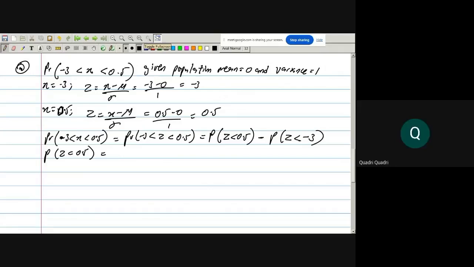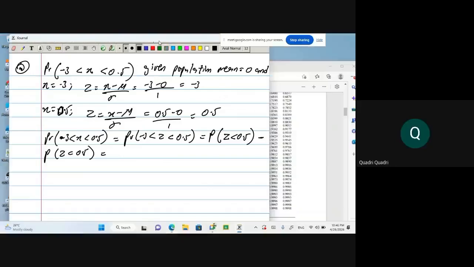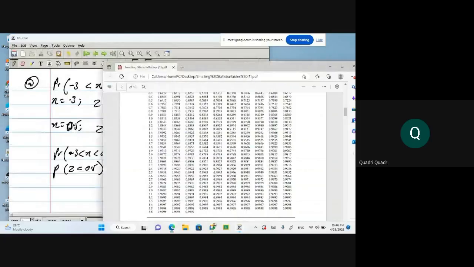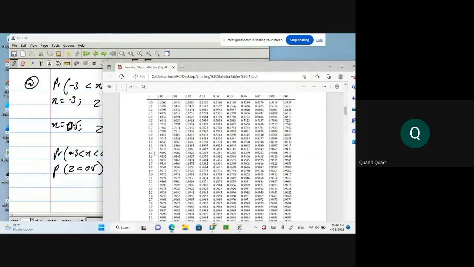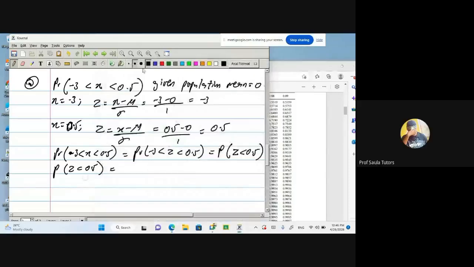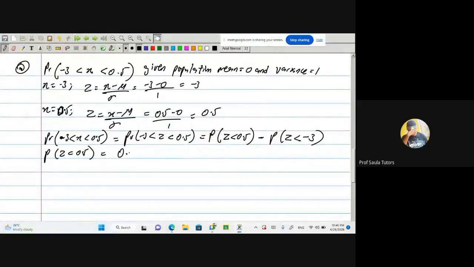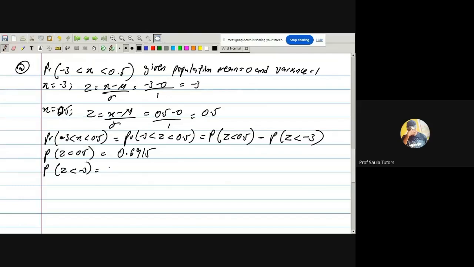The probability of z less than 0.5 is 0.6915. And don't forget that I want probability of z less than minus 3, and I can say that is 1 minus probability of z less than 3.